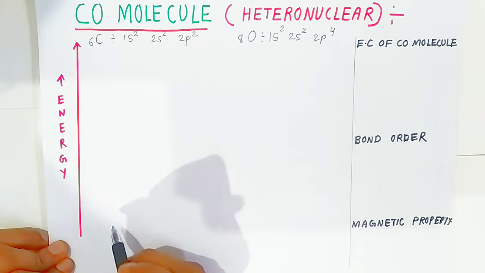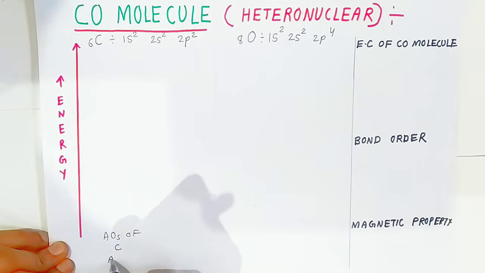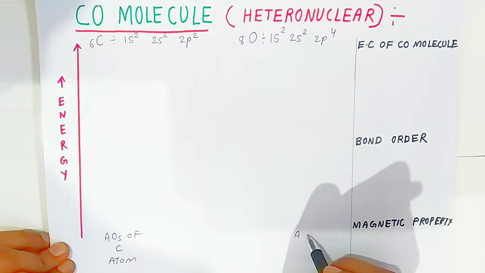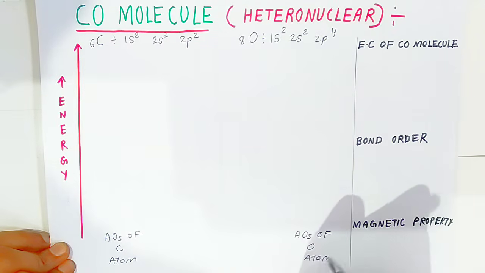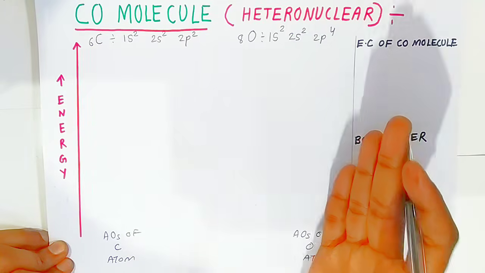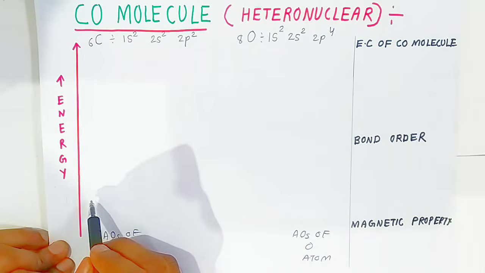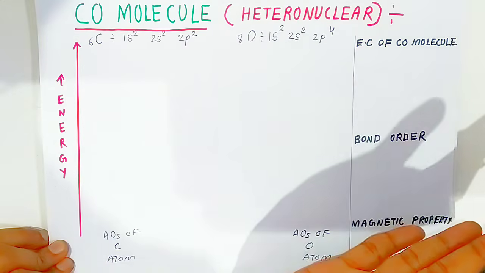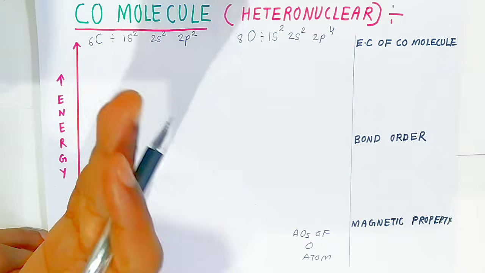So students, when you write down the atomic orbitals of the carbon atom and the atomic orbitals of the oxygen atom, because oxygen is more electronegative than carbon, the atomic orbitals of the oxygen atom have lower energy than the carbon.